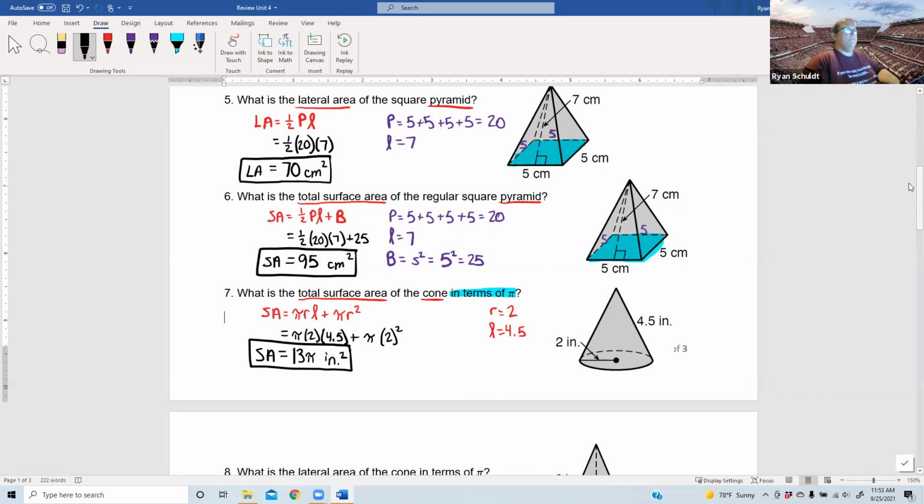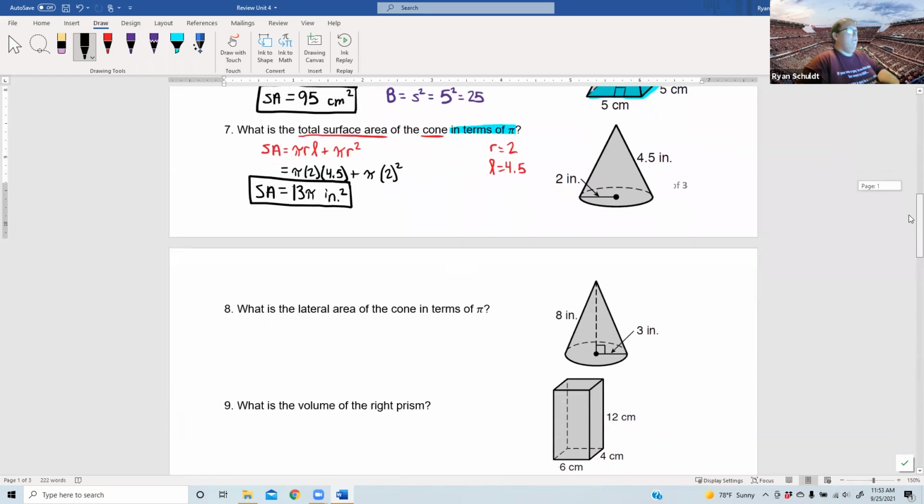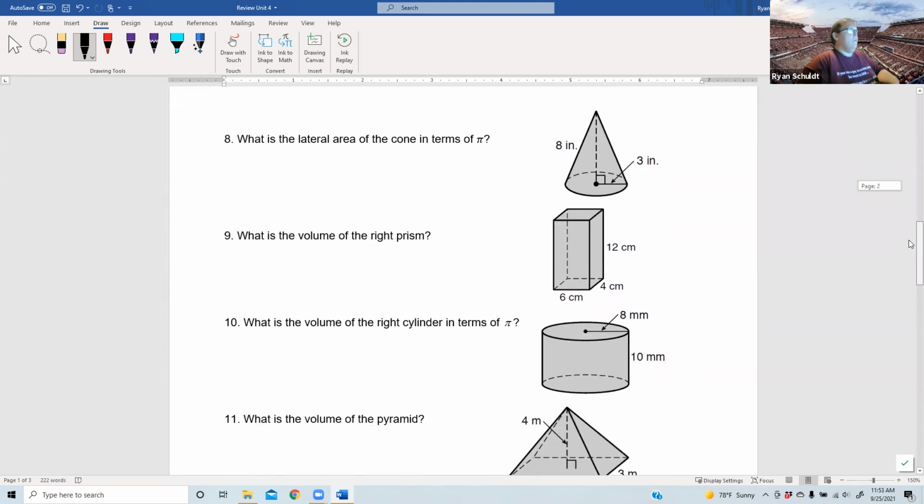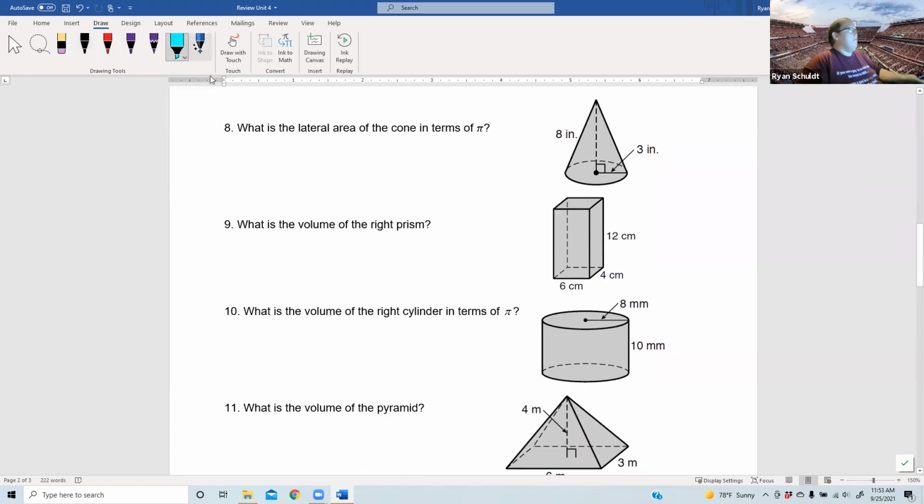Okay. Keeping it moving. 8 asks us what the lateral surface area of a cone is in terms of pi. What's our formula for lateral area of a cone?